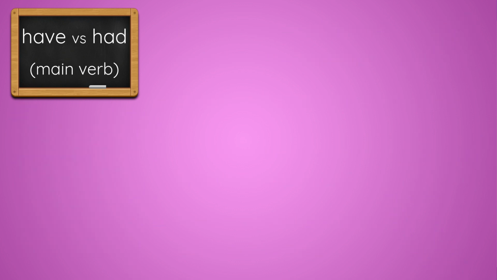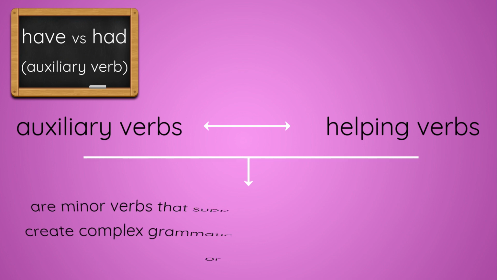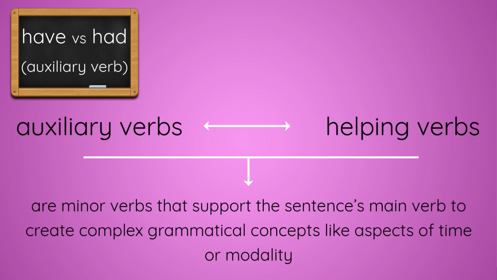Have versus had as an auxiliary verb. First, let's review the meaning and uses of auxiliary verbs. Auxiliary verbs, also known as helping verbs, are minor verbs that support the sentence's main verb to create complex grammatical concepts like aspects of time or modality.